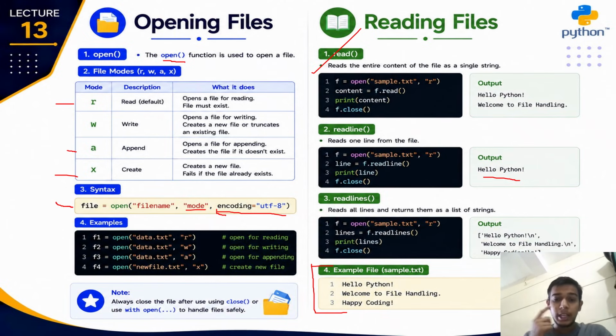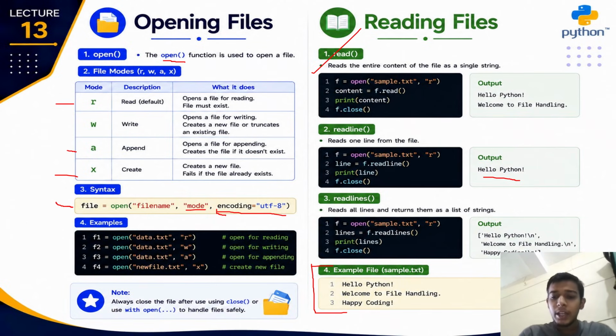It is similar to readline, but it reads all the lines instead of a single line from the file and returns them as a list of strings. Now remember, read reads the entire file, readline reads only one line, and readlines reads all lines and returns a list. And one important point, after finishing our work with a file, we should close it with close.